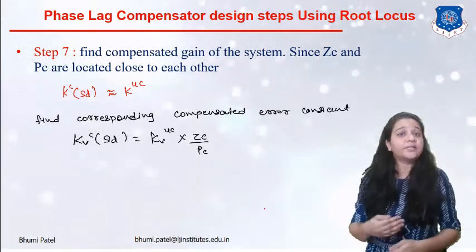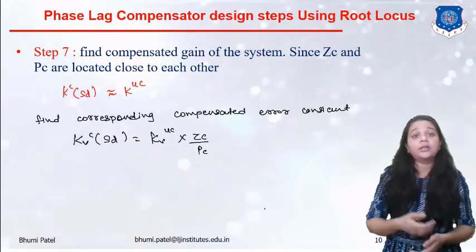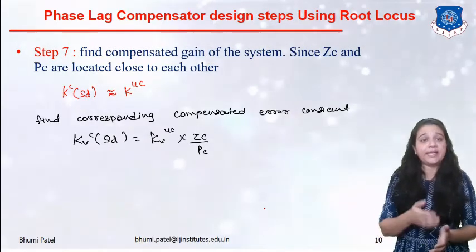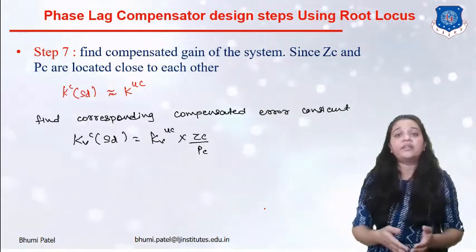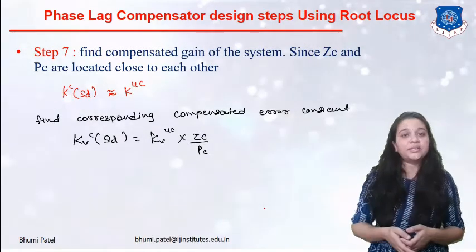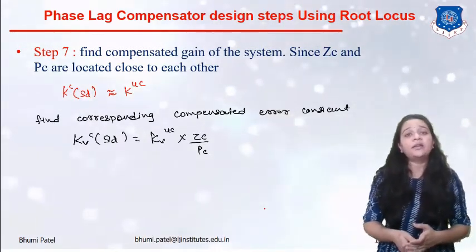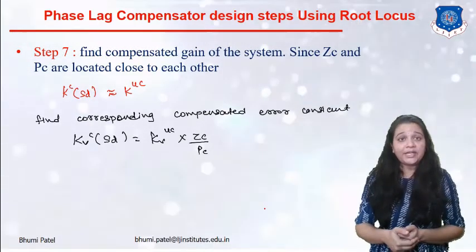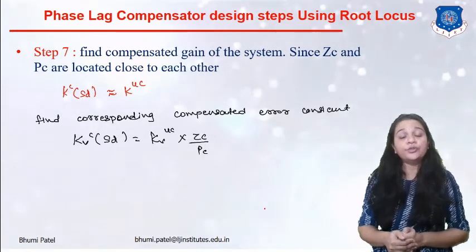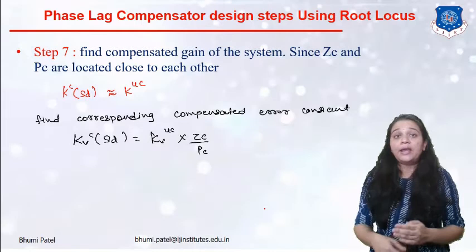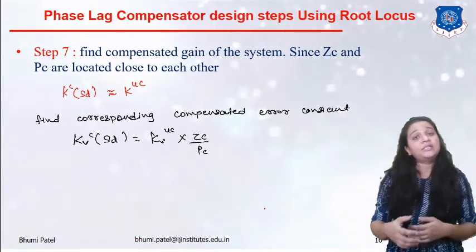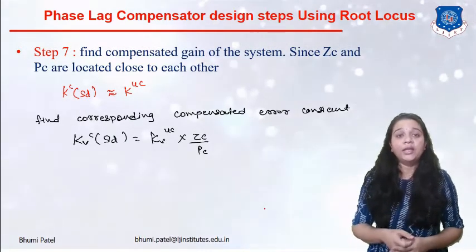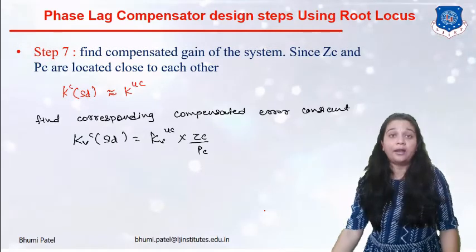So we have to find the corresponding compensated error constant, and the equation is Kv compensated at SD equals Kv uncompensated times ZC, the compensator 0, upon PC, the compensator pole. As you know, the phase lag compensator is generally used for the steady state region, where we have to find the steady state error. That's why we find the value of the compensated error constant.